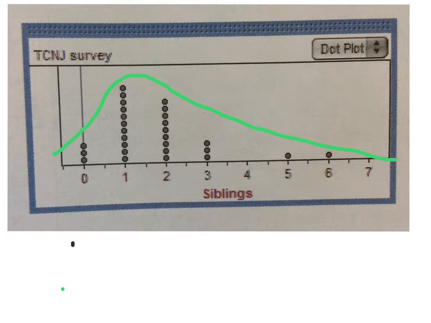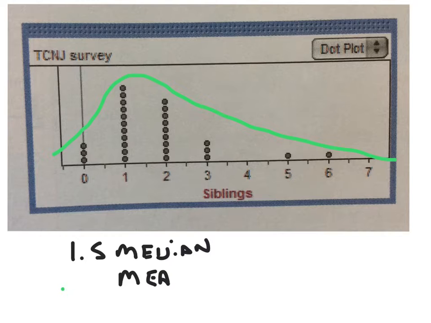So 1.5 is the median. And then the mean, that's the average. You would add them all up and divide by 28, and that turns out to be 1.75.